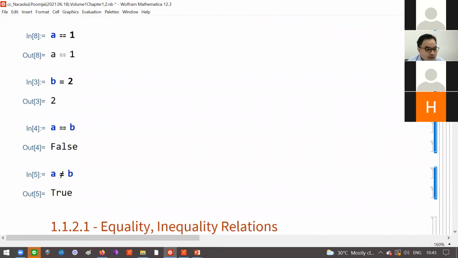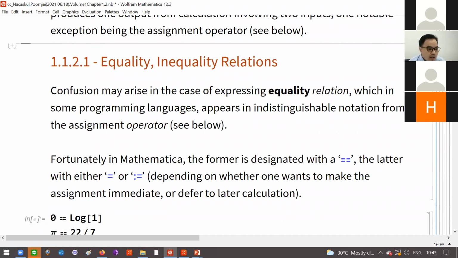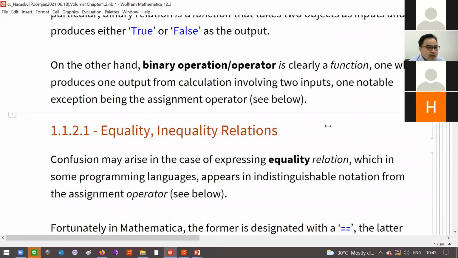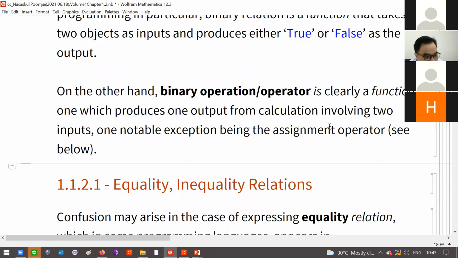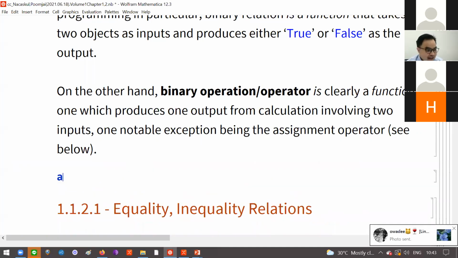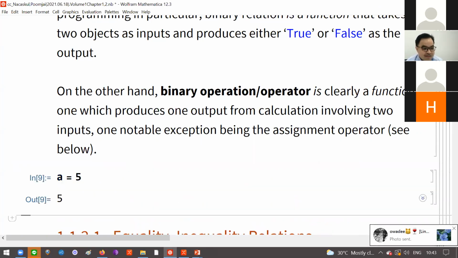By the way, if you're familiar with programming, the word I want to use is that whenever you make an equality, it is a global assignment. In other words, everywhere you go, A is equal to 1. In fact, let's do this again. A is equal to 5. Now it's equal to 5.